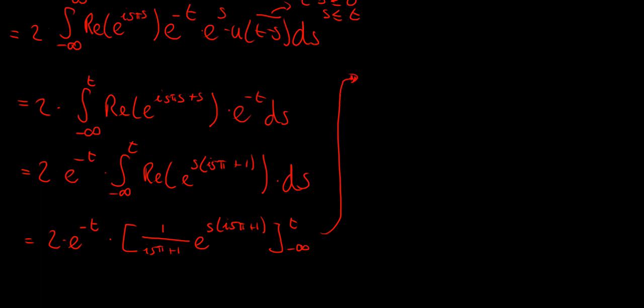If we fill it in to the right over here, we get 2 times e to the power of minus t, the real part, where we fill in t for s. So we get 1 over i 5 pi plus 1 multiplied with e to the power t i 5 pi plus 1, like that.